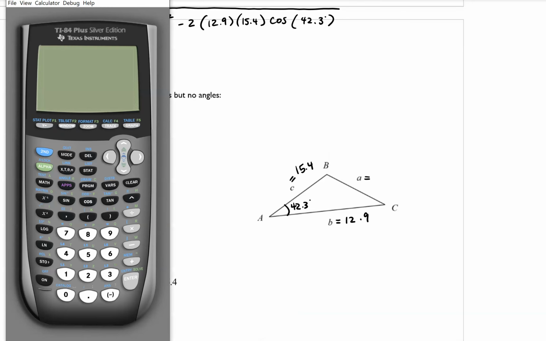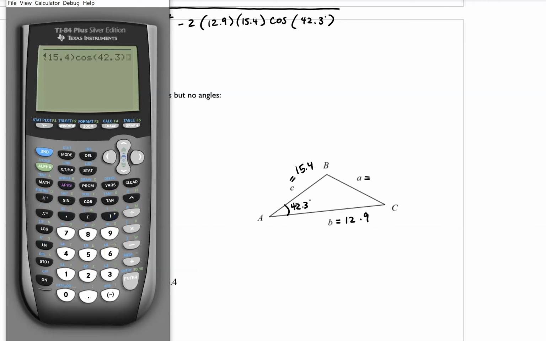And let's go ahead and plug that into our calculator. It's going to be quite long, and I just want to make sure quickly that my calculator is in degrees, which it is. So I'm going to do the square root of 12.9 quantity squared plus 15.4 quantity squared minus 2 times 12.9 times 15.4 times cosine of 42.3.